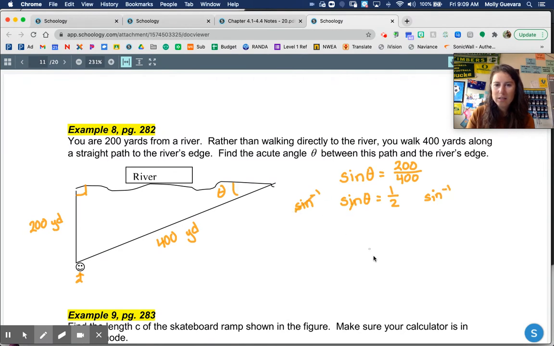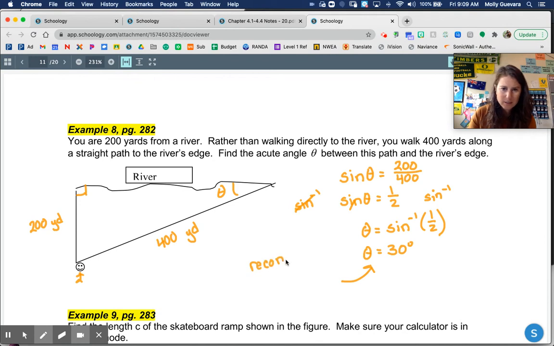These cancel, and I'm left with theta equals the sine inverse of 1/2. When I enter that into my calculator, I get theta equals 30 degrees.